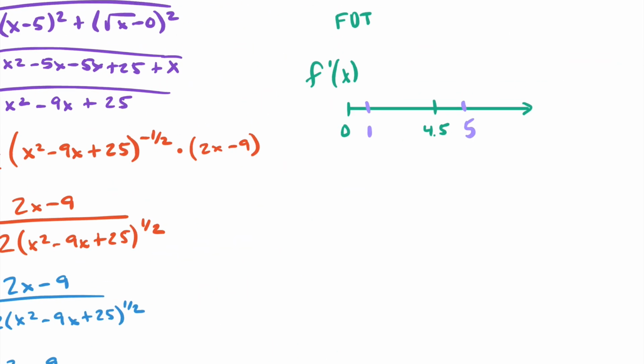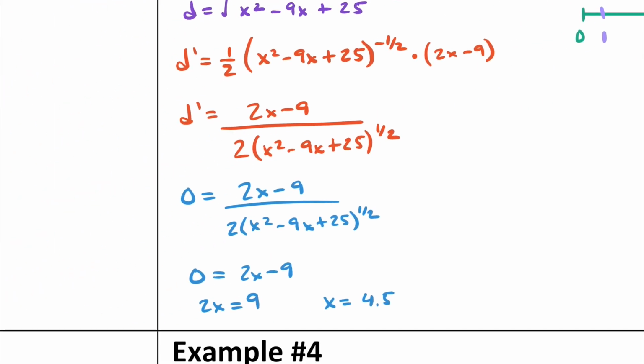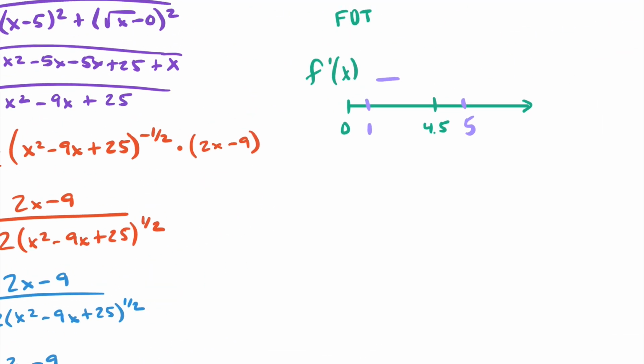For 5, we're going to get 25 and another 25. That's 50. Take away 45 is 5. The square root of a positive is positive times another positive is positive. And then in the numerator, we get 10 minus 9 is 1, which is positive. So positive and positive gives us a positive.